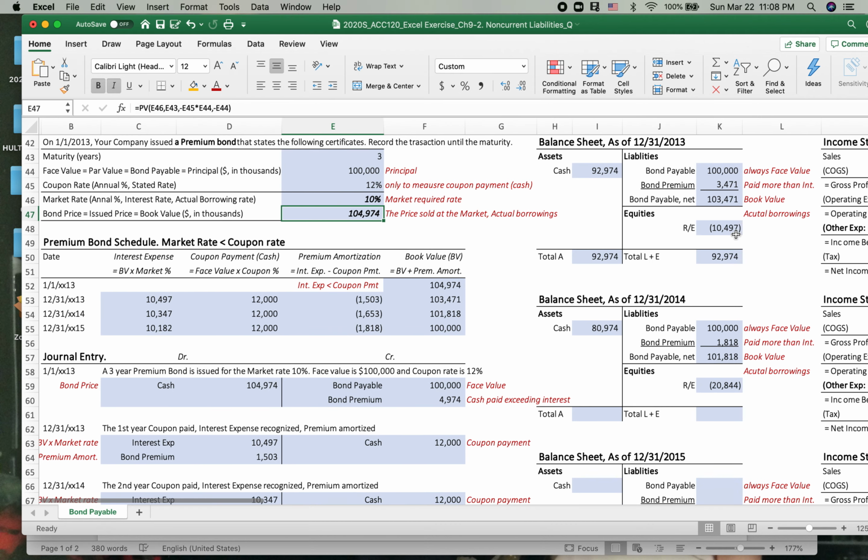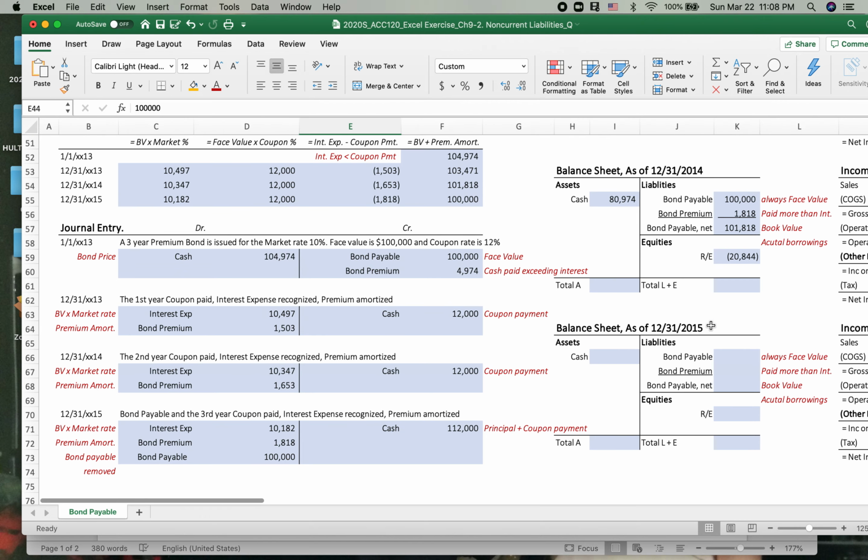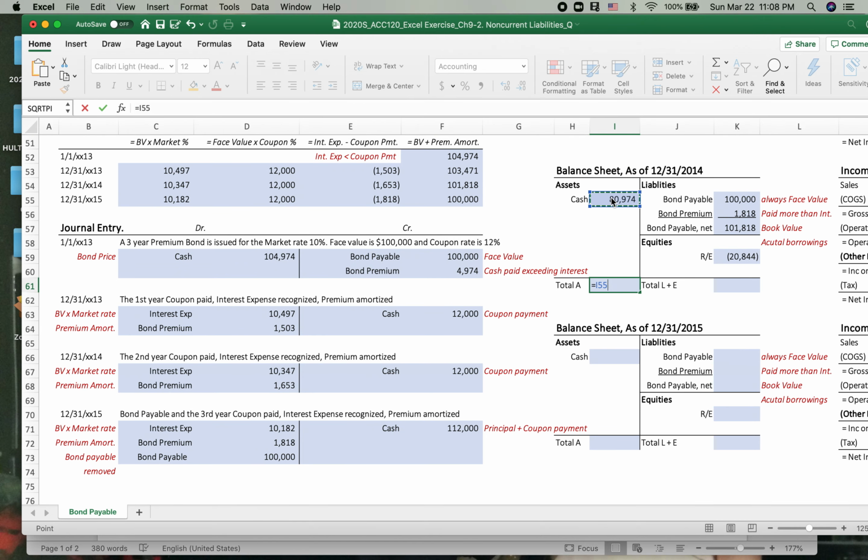That's why the company can pay back not 104,974 at maturity, but only $100,000 principal, because the company paid more the cash than the interest expense that the investors required. So let's make sure that if we match it between the total asset and total liability plus equity. So match it, second year.